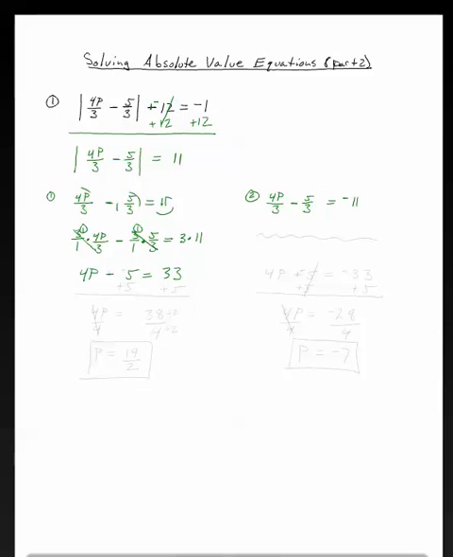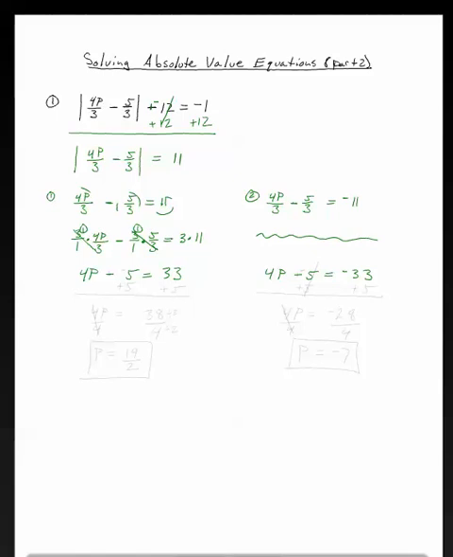If I look at my second equation, rather than rewriting all of that clearing fractions, I'm just going to keep my 4p, my minus 5, equals, instead of 33, the only difference is I'll have negative 33. And that saves me some time in the clearing fractions on the second equation.